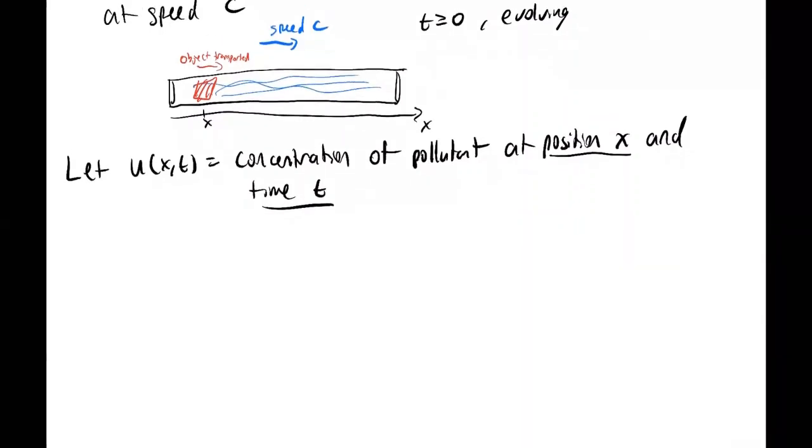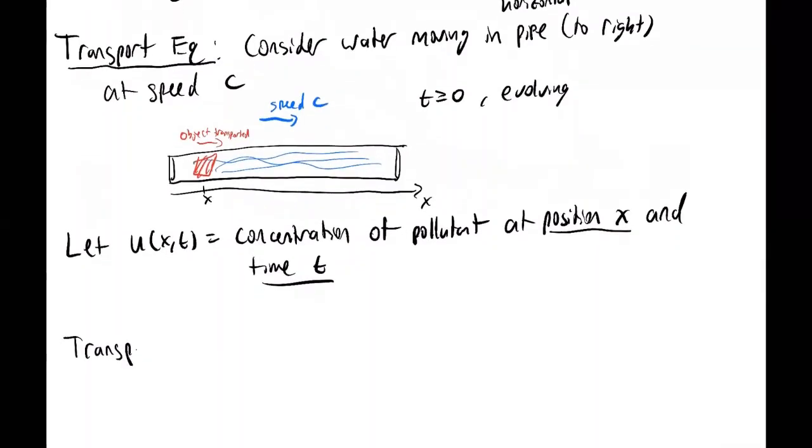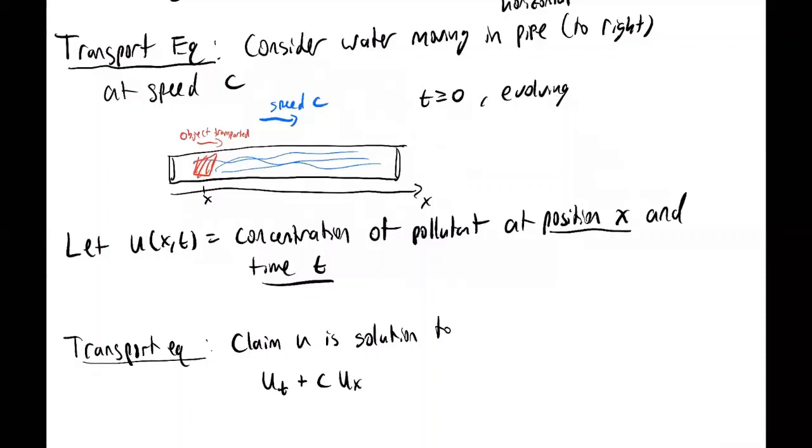So what is the transport equation? We're going to claim that u has to be a solution to the following PDE: if I take the partial derivative of u with respect to t and then add on c times the partial derivative of u with respect to x, this has to equal 0.